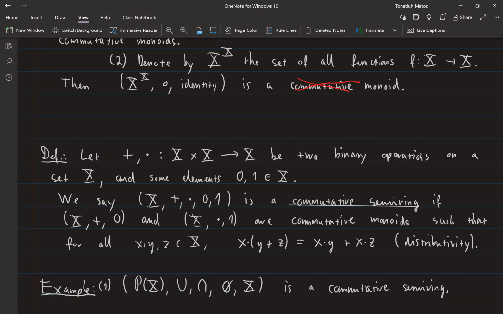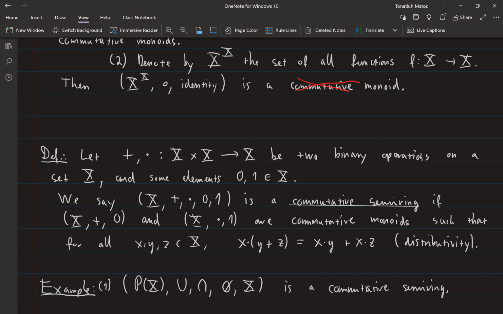Given that we already know that union and intersection are monoids, the only thing left to verify is that union distributes over, sorry, I think it's usually said the other way around, that the intersection distributes over the union, right? They have this distributive property.